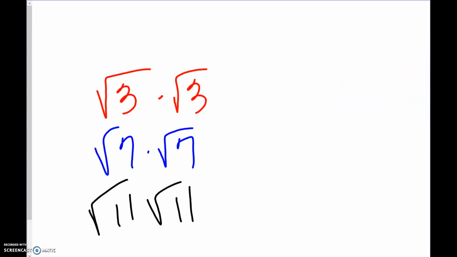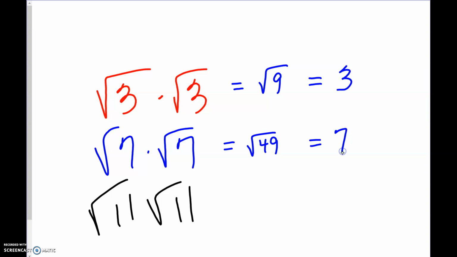Another thing to pay attention to is, what is the square root of 3 times the square root of 3? Well, that's the same thing as saying the square root of 9, and what is the square root of 9? 3. So the square root of 7 times the square root of 7 is the same thing as the square root of 49, and the square root of 49 is 7.